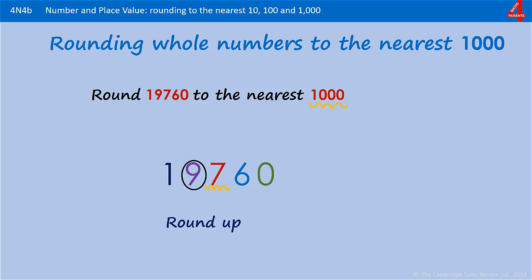We're going to round up. So when that 760 becomes all zeros, that 9 is going to round up. But because 9 is the highest digit, it's going to go to 0. That means we need to look this time at what's in the 10,000s column, because that will need to change. 19,760 rounded to the nearest thousand is 20,000.